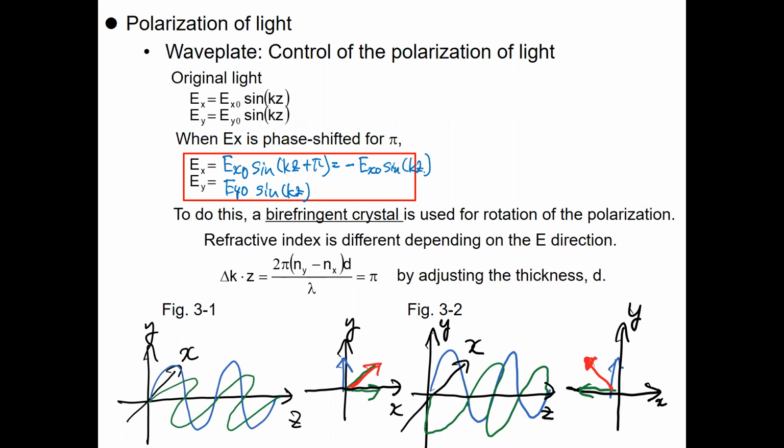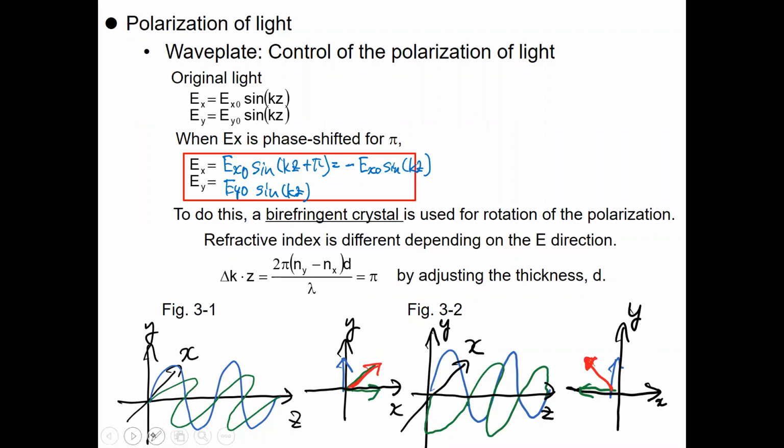Only one of the electric fields is phase shifted, so the sign becomes opposite.